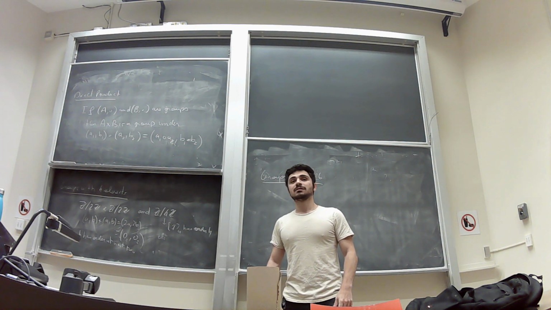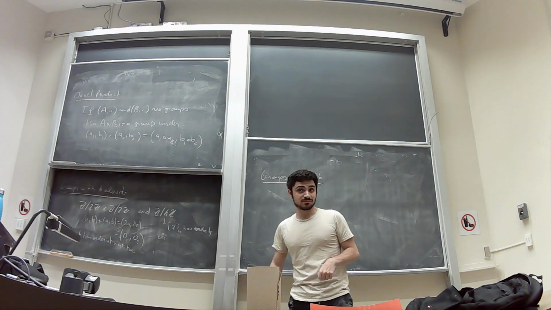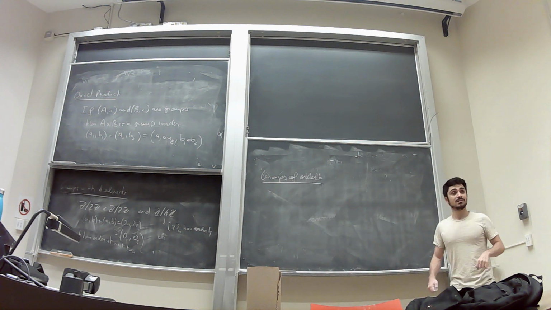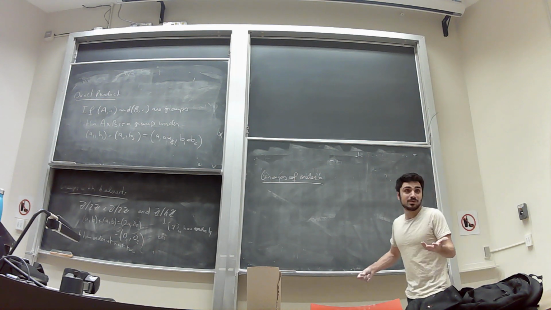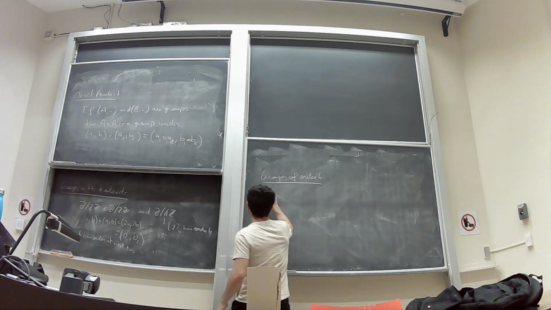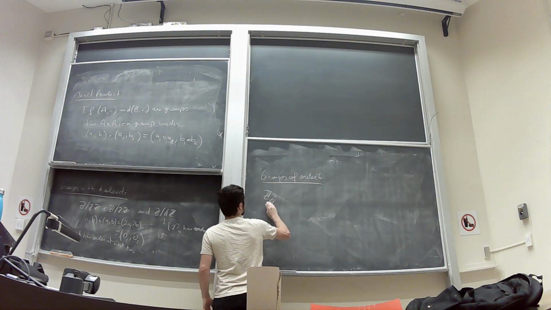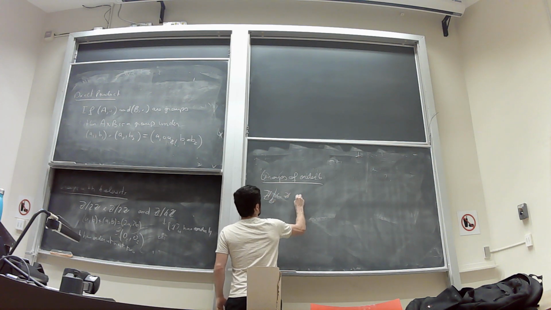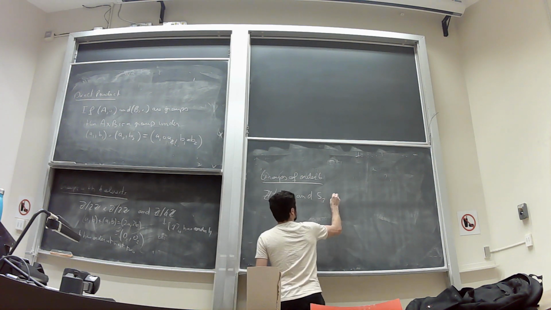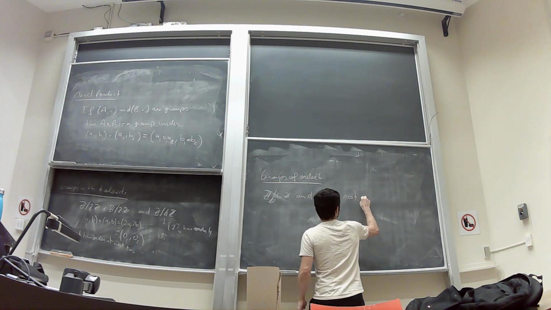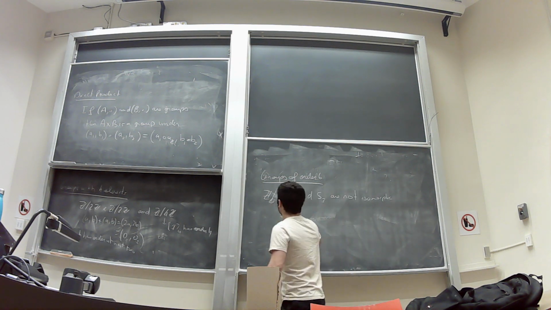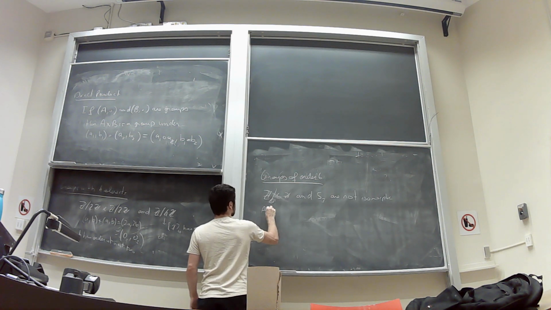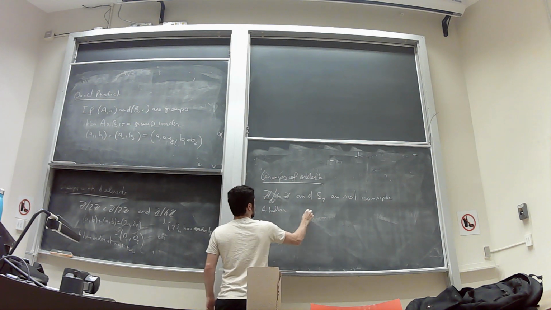Again, the order, 6 and 6, doesn't work. Isn't S3 not cyclic? S3 is not cyclic, and it's not abelian. So Z mod 6Z and S3 are not isomorphic. This is abelian and this is not abelian.